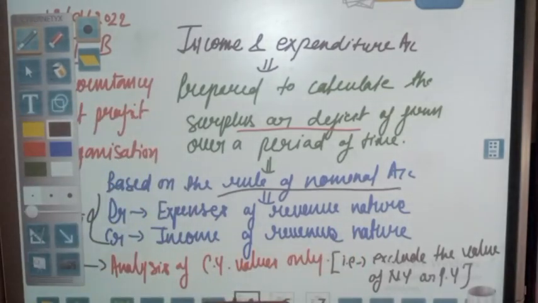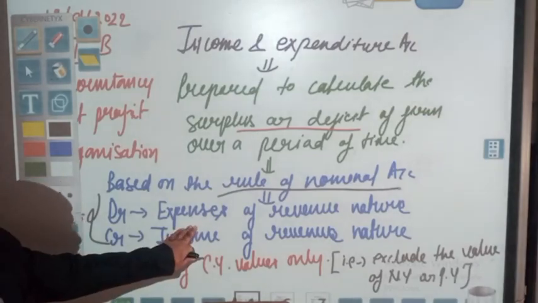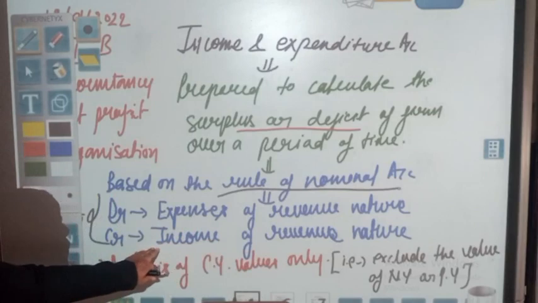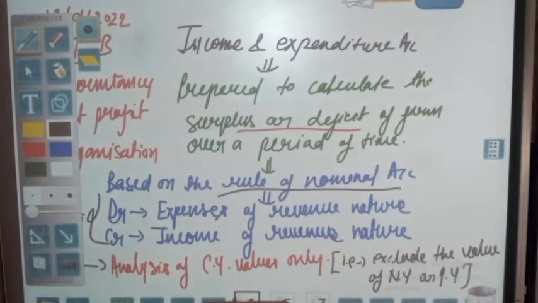And related to the capital items, the non-recurring items, all the transactions will be part of the balance sheet. So here we are dealing with only revenue nature transactions, and if the revenue nature is related to expense, it will be debited, and if it is related to income, it will be credited. I hope this concept is very much clear.